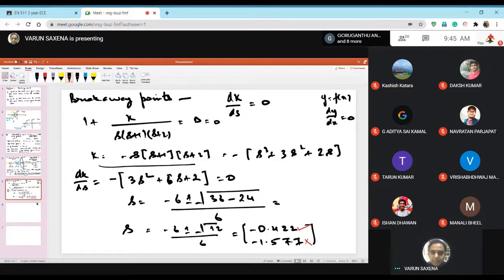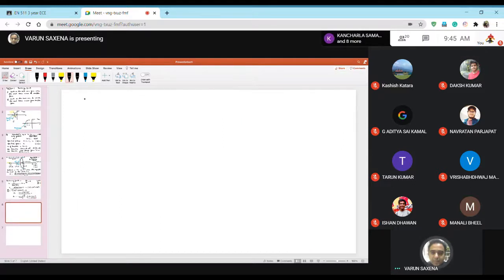It becomes plus. So that means k at s equal to -0.422, that value comes out to be 0.385.